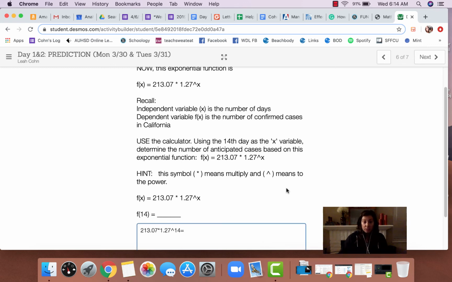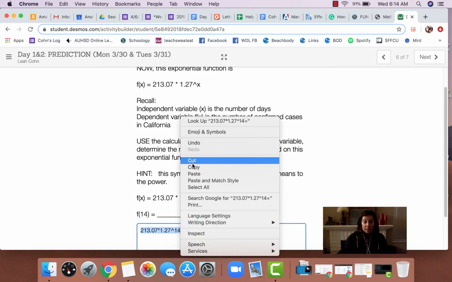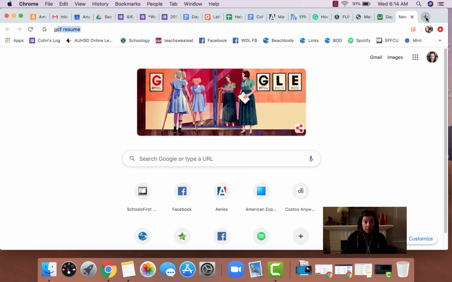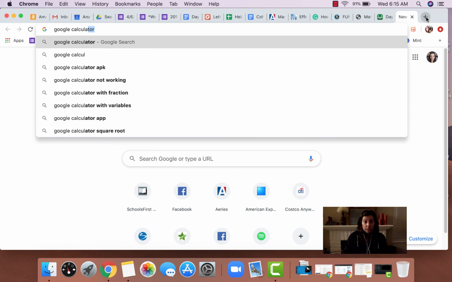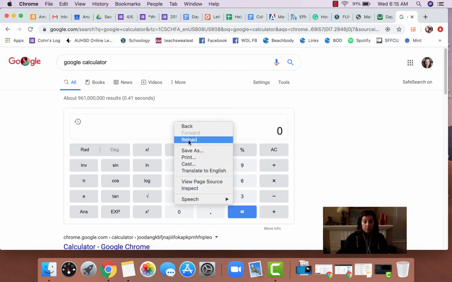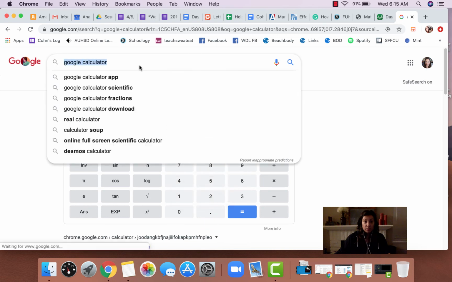You should be typing this with me. You can pause this video at any time to type things with me and go back and forth between your screen and the video. We should type that in, and then I'm going to copy and paste this into my Google Calculator so that it will help me calculate. Let's see, won't let me paste? Nope. Okay, I'll just put it up here.